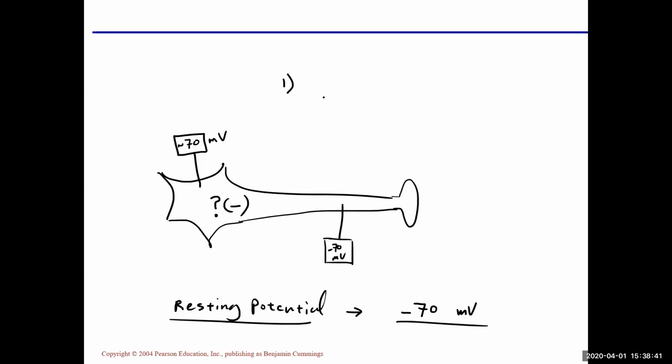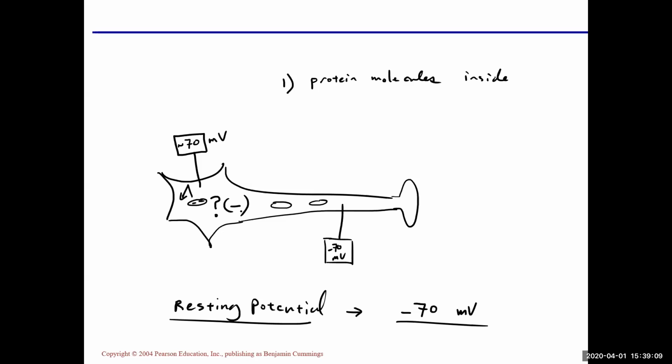Number one, there are protein molecules inside of the nerve. Proteins, as you know, are large. They cannot pass the membrane. So if we draw these proteins as such, they cannot pass and get out of the membrane.